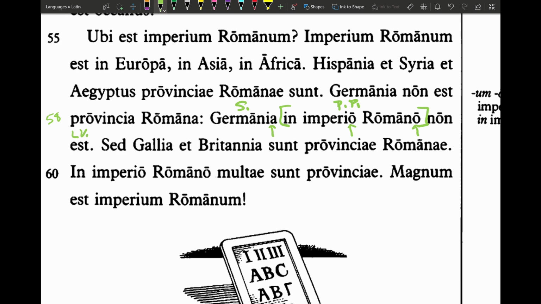Okay? Germany is not in the Roman Empire. So whenever you see the ablative for a second declension, neuter, or masculine, they will end in an O, and the adjectives modifying those nouns also will have an O on them if it is a first/second declension adjective. Okay, that should be pretty straightforward.